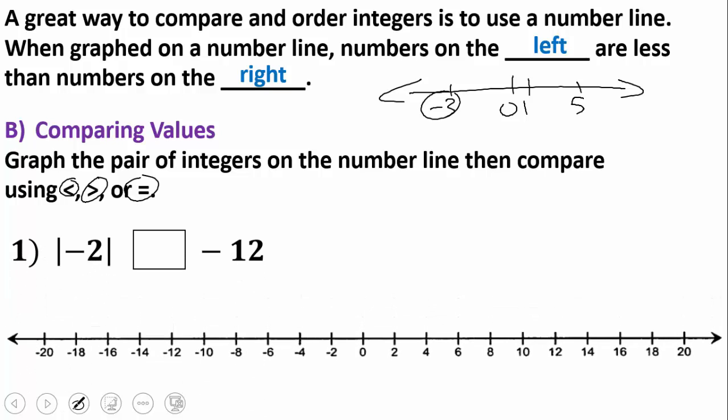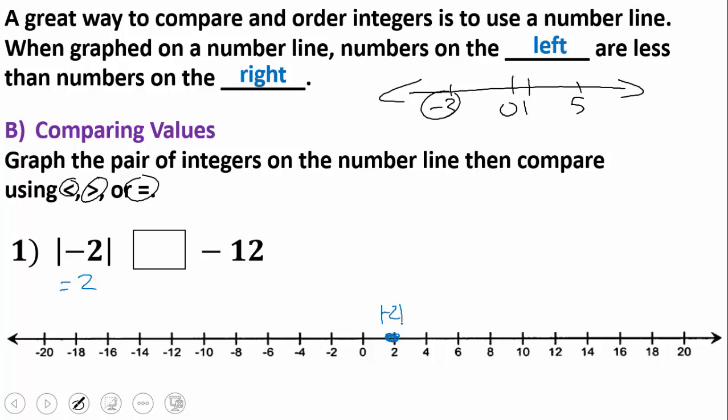The first one is, hey, I've got the absolute value of -2 compared to -12. Well, knowing our order of operations, we've got to take the absolute value of this number to know where it really goes on a number line. And the absolute value of -2 is equal to 2. So I can come over here, I can put right here that 2 is the absolute value of -2.